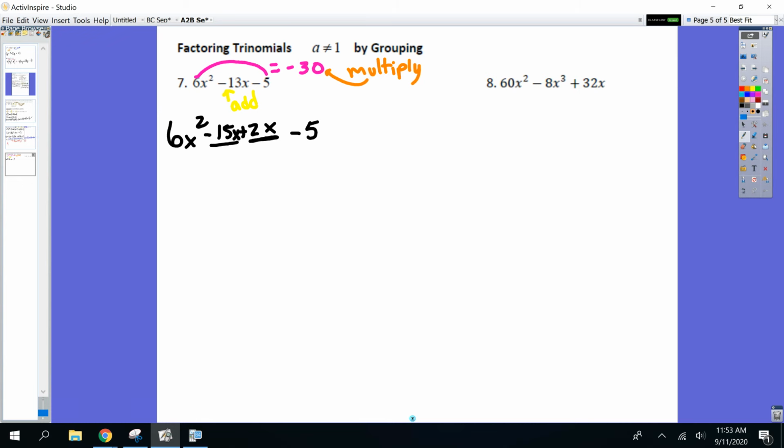Now, everyone see how I got those 4 terms before I move on? You multiply A and C, find 2 numbers that multiply to it, and then add to that middle term. And now how many terms do you have? 4. You can group. We've been doing it all day. And there you go. I don't think I have to hold your hand past here. We can keep grouping.